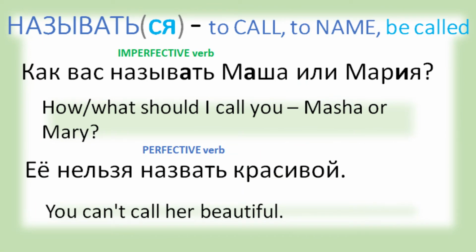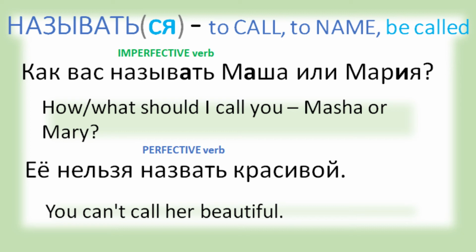Называть, to call or to name, называться, to be called. Как вас называть? Маша или Мария? How or what should I call you, Masha or Mary? Ее нельзя назвать красивой.